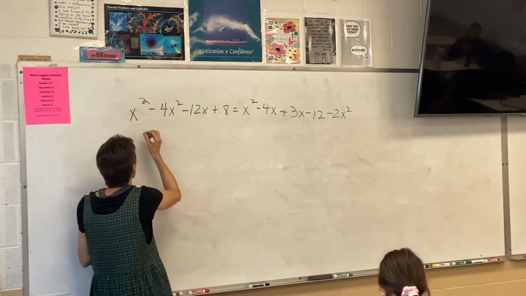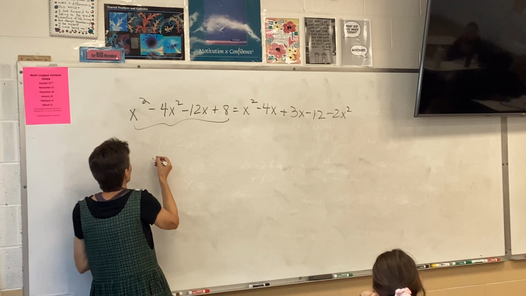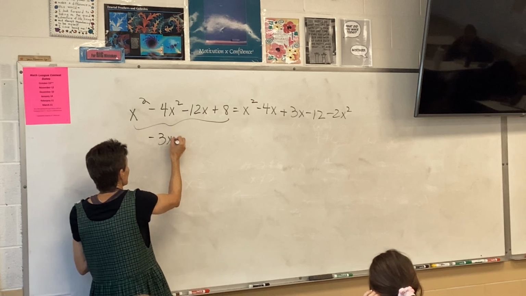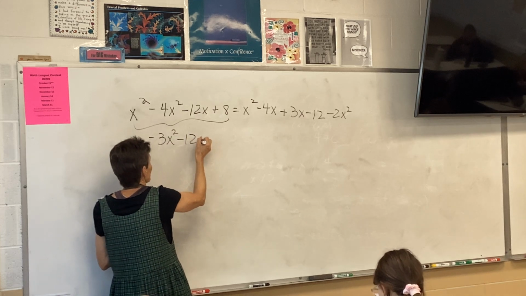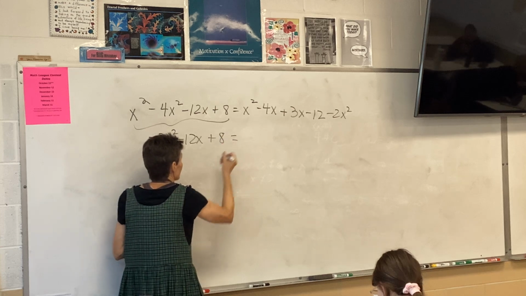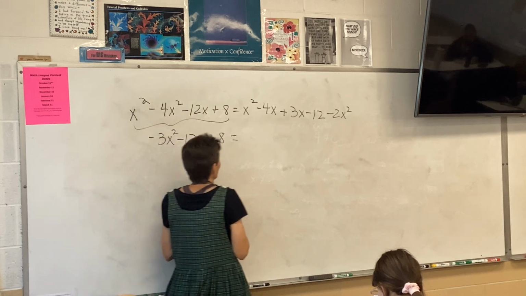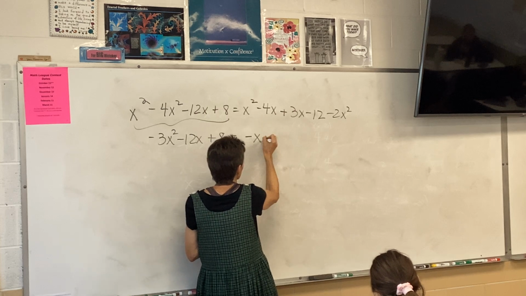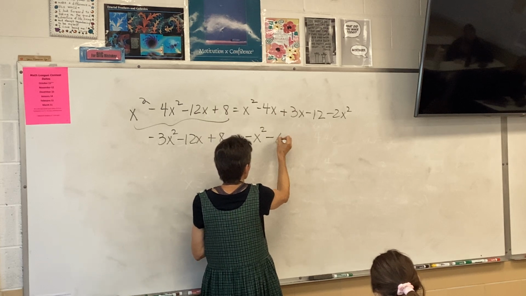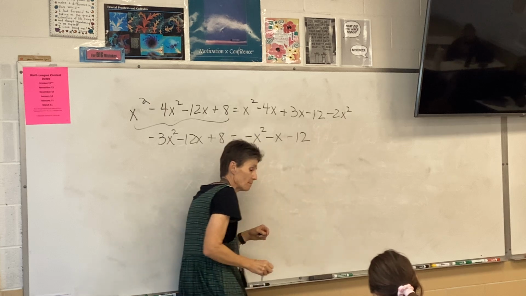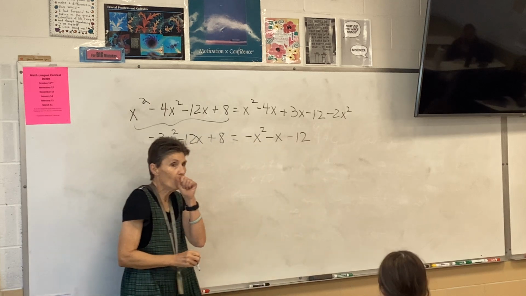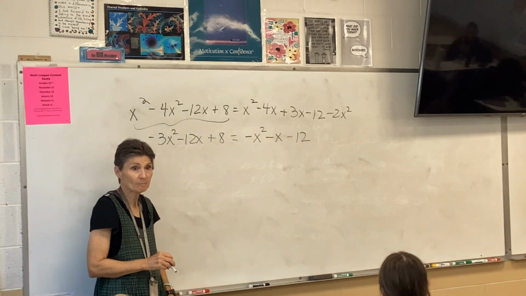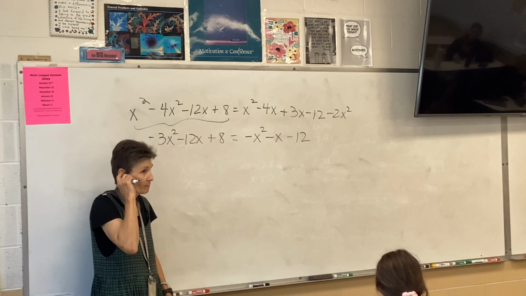Combine my terms. So over here, I'm going to have negative 3x squared minus 12x plus 8. Over here, I'm going to have negative x squared minus x minus 12. Take a look at that, make sure I did that okay.